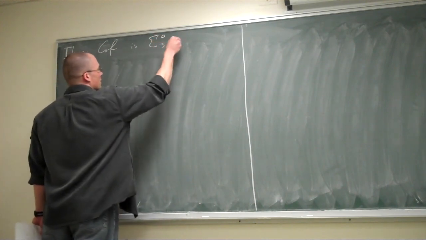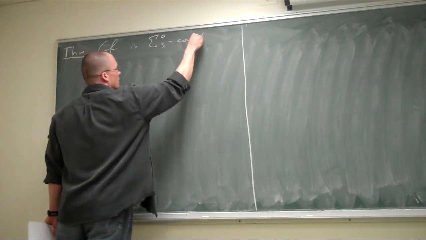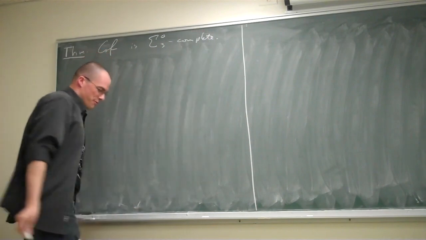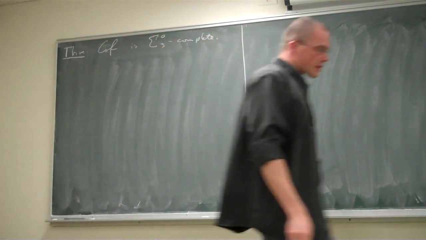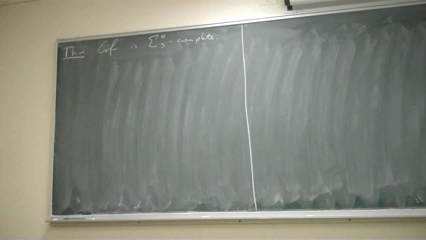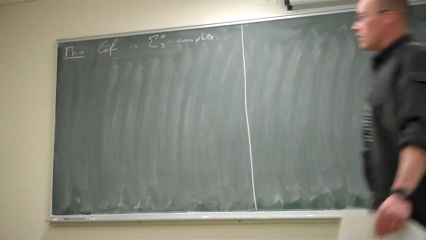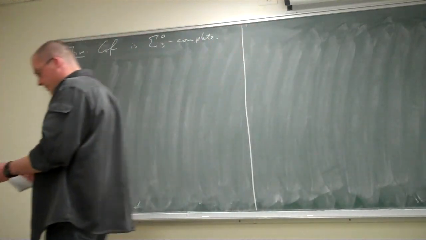Sigma 0, 3. Is sigma 0, 3 complete? We certainly did complete the first part of this, that it is in fact in sigma 0, 3, by just writing down a formula.